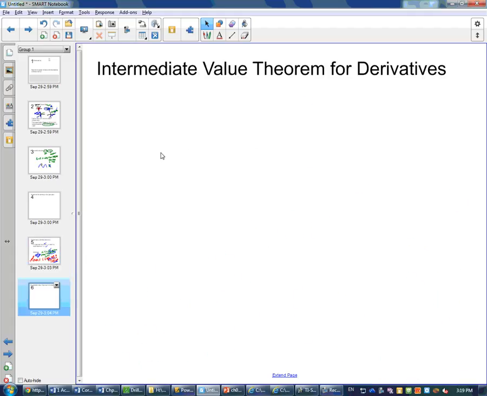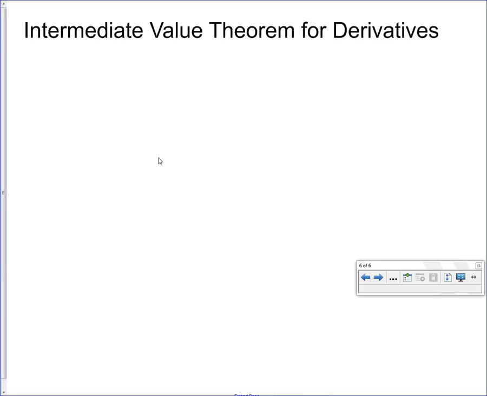The last idea here is the intermediate value theorem. It exists for derivatives.